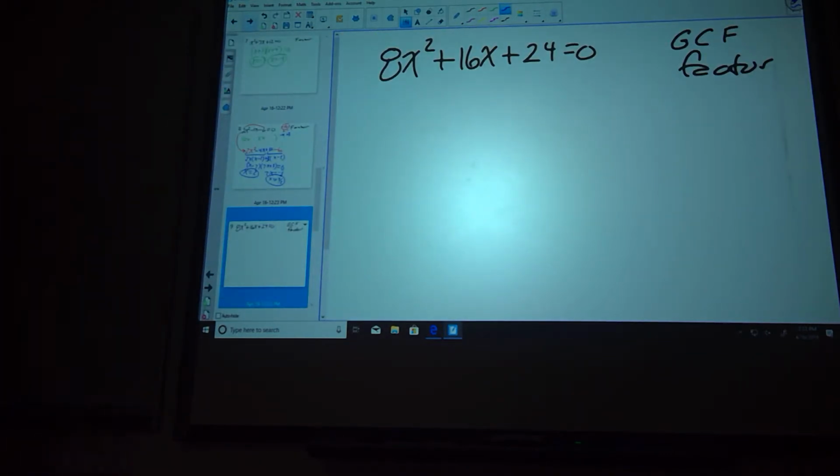Okay, first thing I want you to do on this one is they want you to factor out a greatest common factor first before you factor the thing. Factor out a greatest common factor first. It doesn't affect the answer at all because it's only a number.